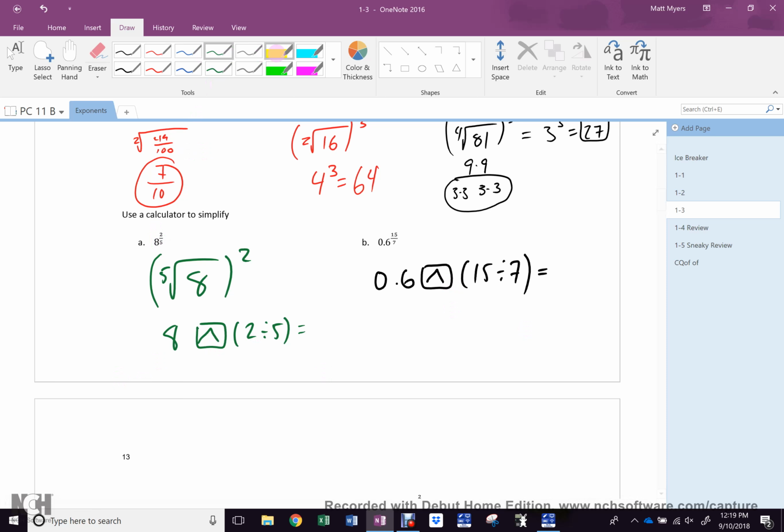Because this, of course, is irrational, which means how long will that decimal actually go for? Forever and ever and ever. And we cannot write 20 bazillion decimal places, can we? Everybody good?